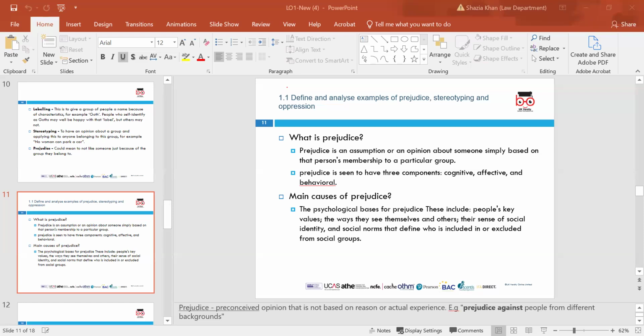The main causes of prejudice: the psychological basis for prejudice is people's key values, the values they see in themselves and others. Their sense of social identity and their social norms play a big part in this, in who can be included and who can be excluded.